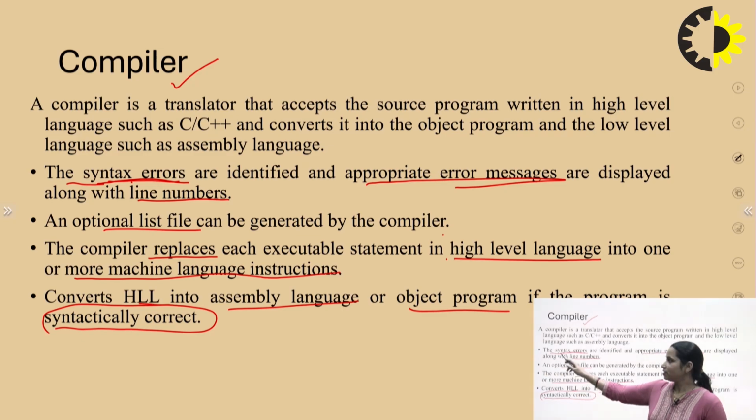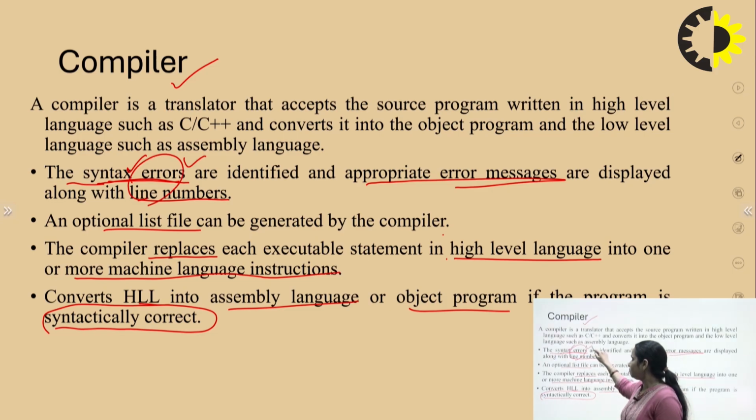First of all, it is checking the syntax errors. If this step is fulfilled completely, then it converts the high level language to assembly language. Don't worry about whether it is syntactically correct or not.